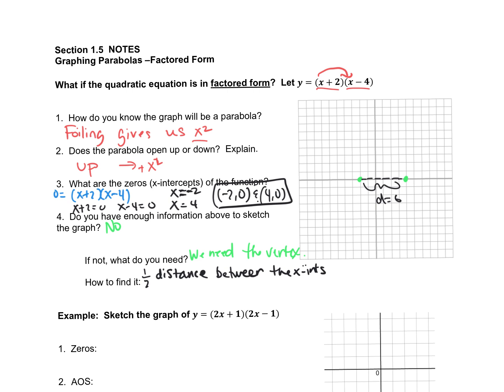So if you can find half the distance between the x-intercepts, you can find the axis of symmetry. So we have 6, and we're going to take half of 6, which is our distance.